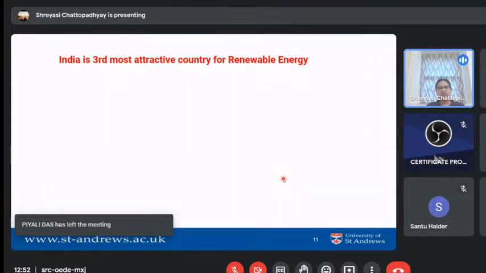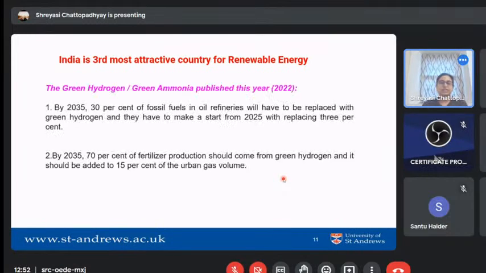And since we know India is the third most attractive country for renewable energy, severe effort is being given to make green hydrogen and to meet the targets as well. The Indian government has set one target that by 2035, 30% of fossil fuel in the refineries needs to be replaced by green hydrogen.